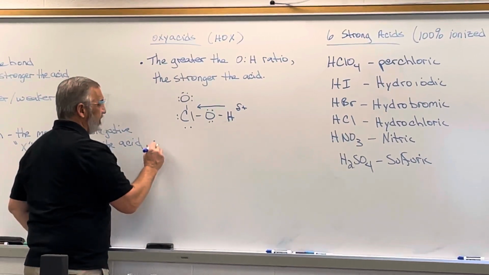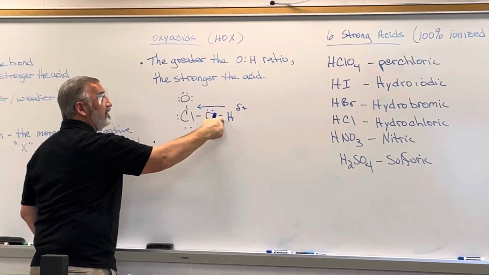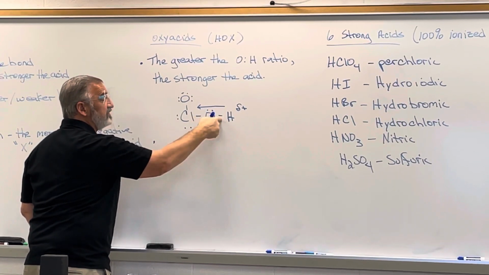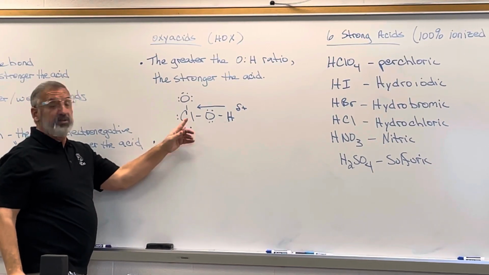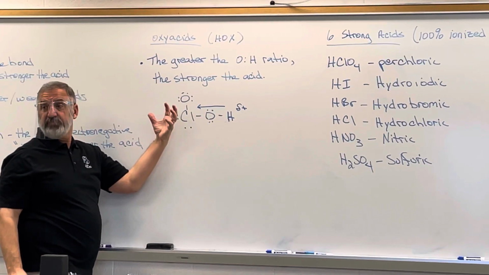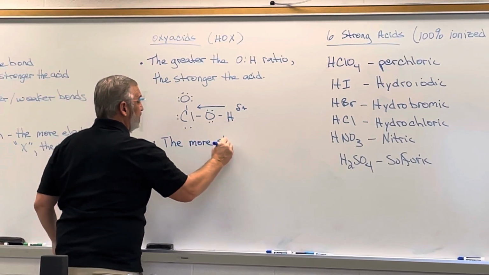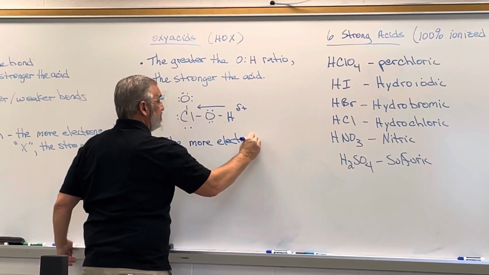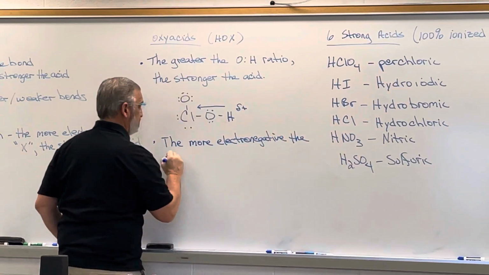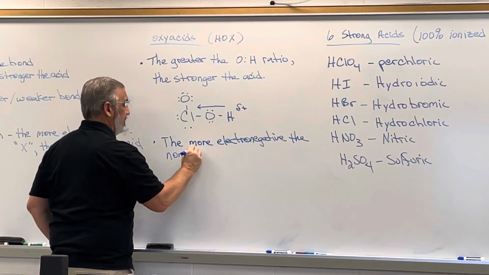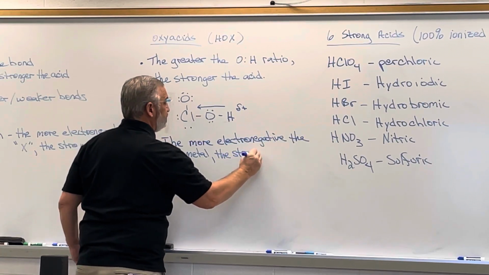All right? But in the same thing, since this is all pulling the electrons away from this oxygen, it's always an oxygen to hydrogen bond, but the more electronegative this one is, the more electron withdrawing it's going to be. So the more electronegative the nonmetal, the stronger the acid.